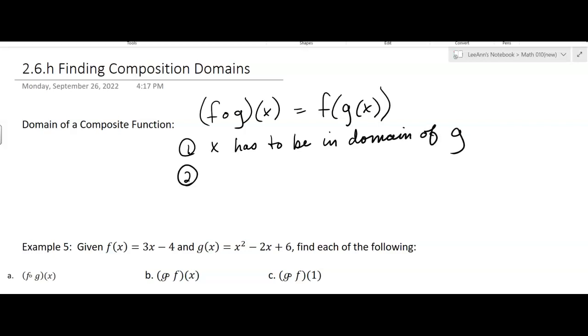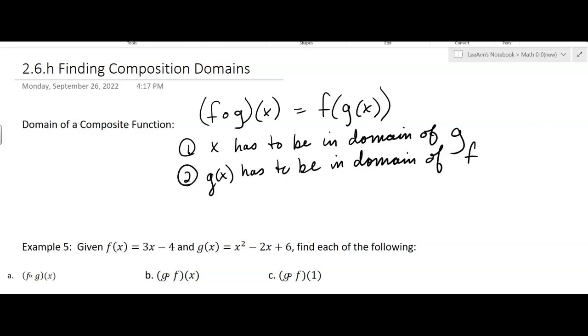And then g of x has to be in the domain of f. Okay?